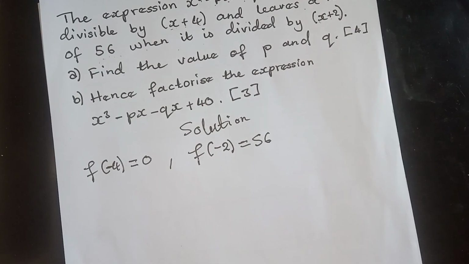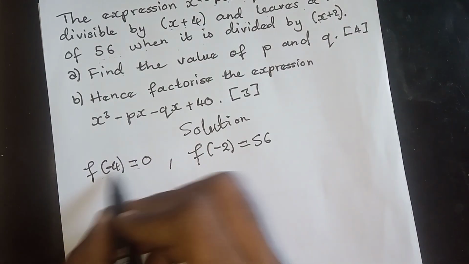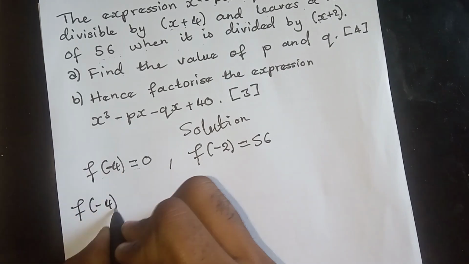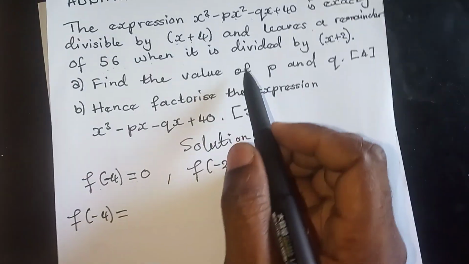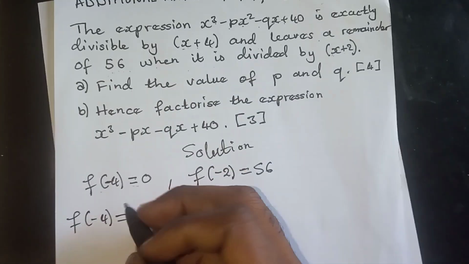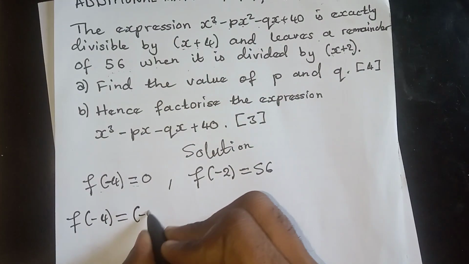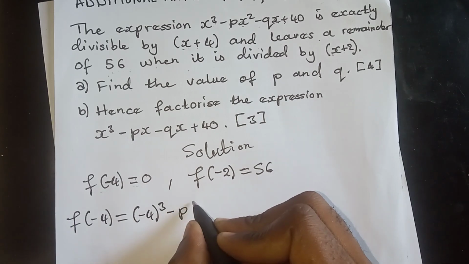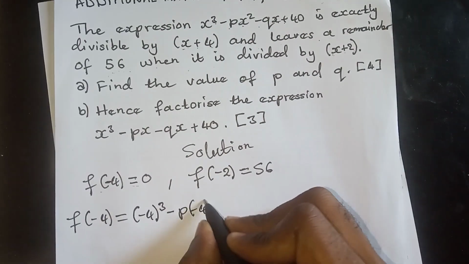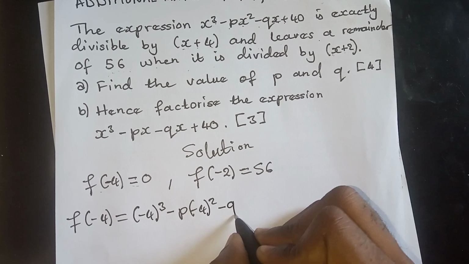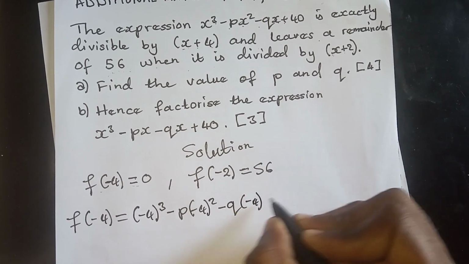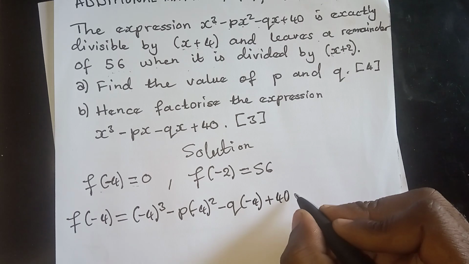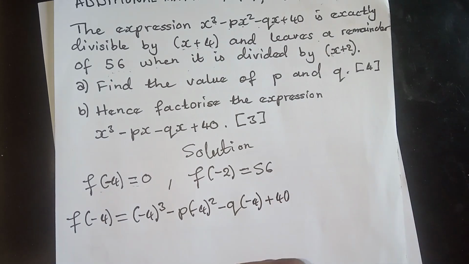So next, we can find this part here. So f of negative 4, using this function there, is equal to negative 4 cubed minus p negative 4 squared minus q negative 4 plus 40, and this entire thing is equal to 0.